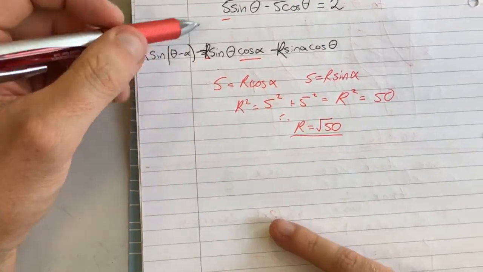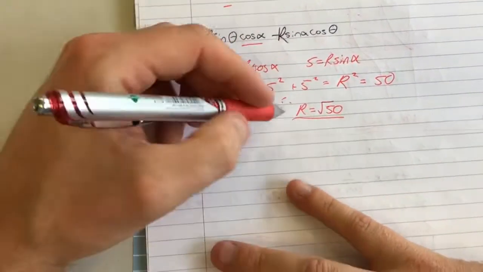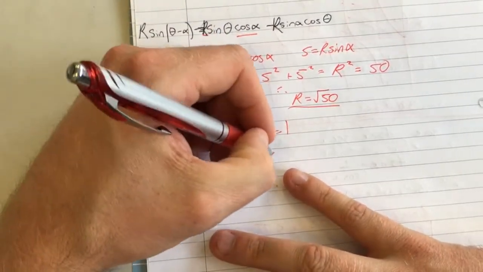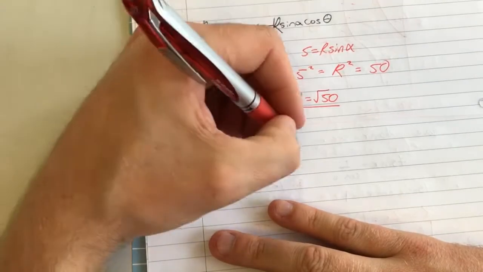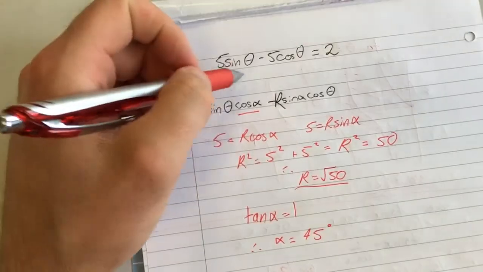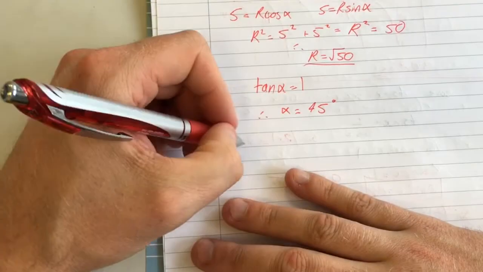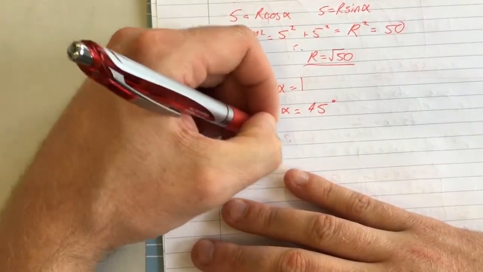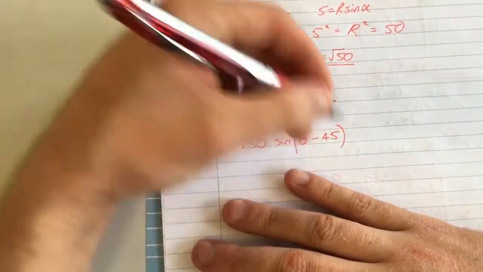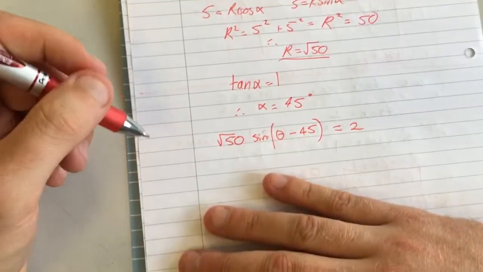We need alpha, so we're going to divide these and we'll get tan alpha is 1, therefore alpha is 45 degrees. So the R method says this equation we started off with can be written as root 50 sine of theta minus 45, which we're trying to solve to equal 2.